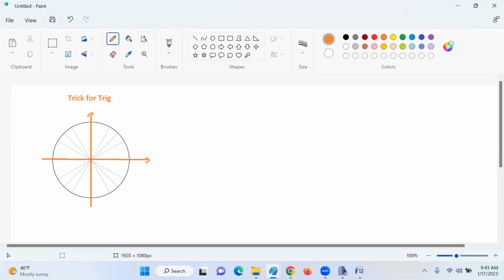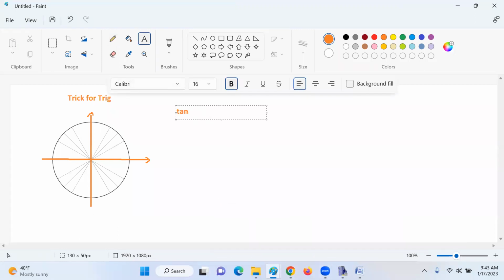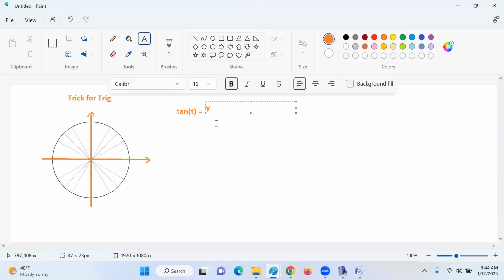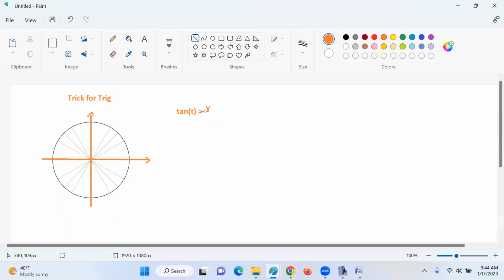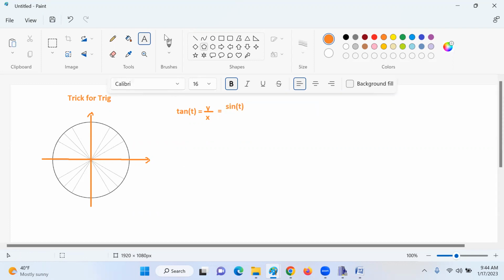So if you ask me what the tangent is, the tangent is going to be y over x. So there are actually a few more indexes that we need to understand, and we can also rewrite this in terms of the sine over the cosine.